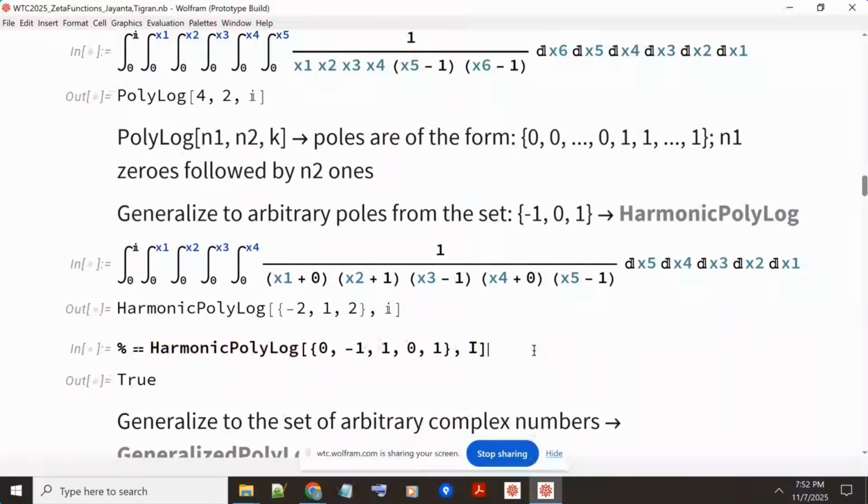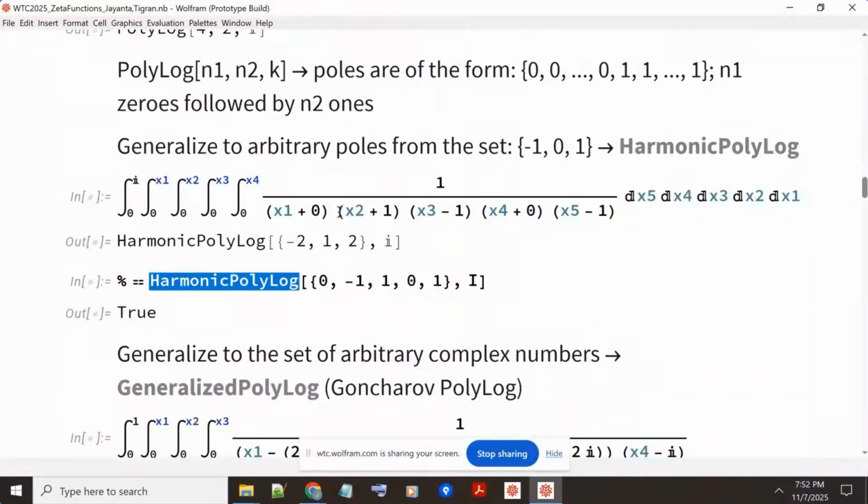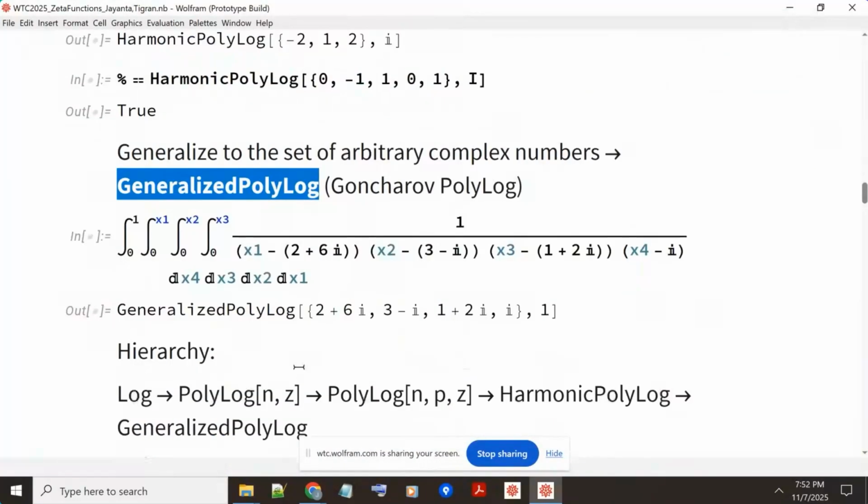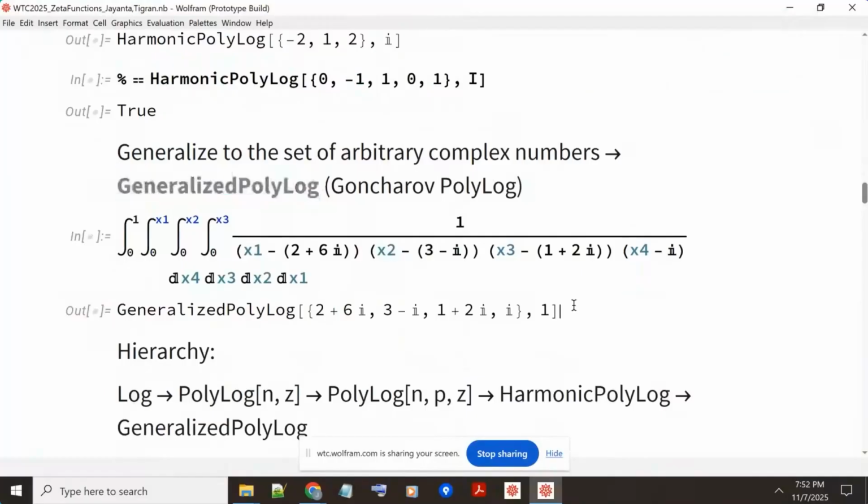And if we further generalize this to arbitrary complex numbers, so that means the poles can be any real or complex numbers, then what we get is the generalized polylog or Goncharov polylog. As you can see, these are arbitrary complex numbers and we get generalized polylog here.